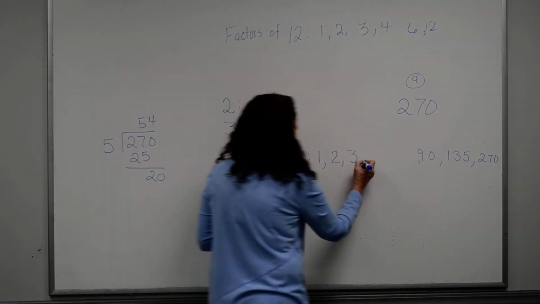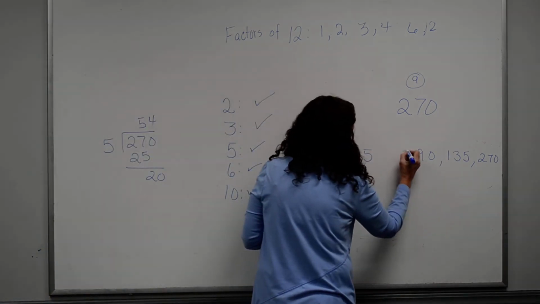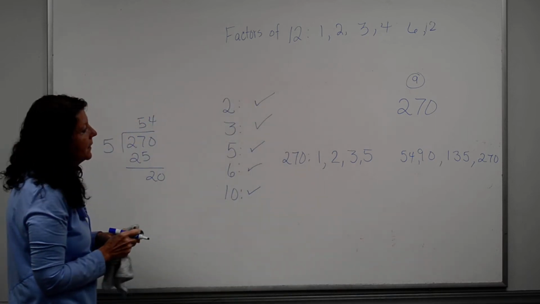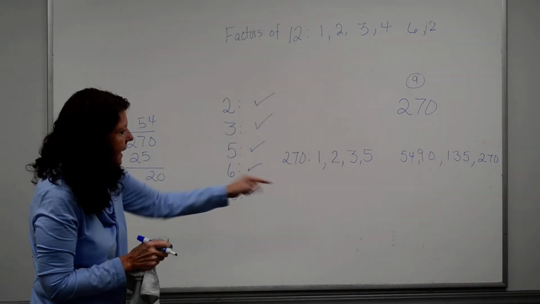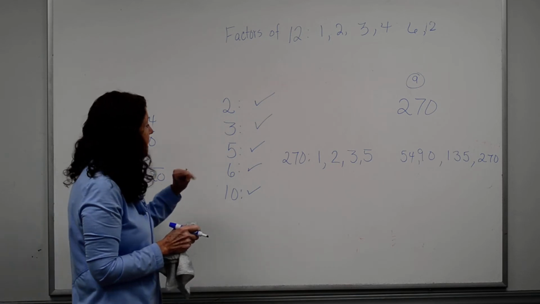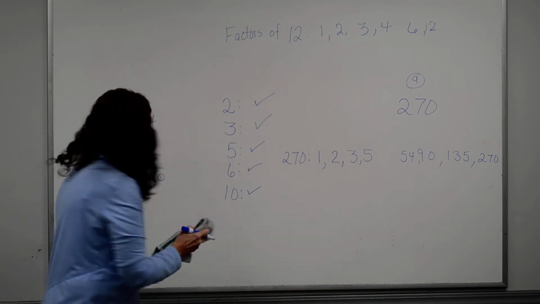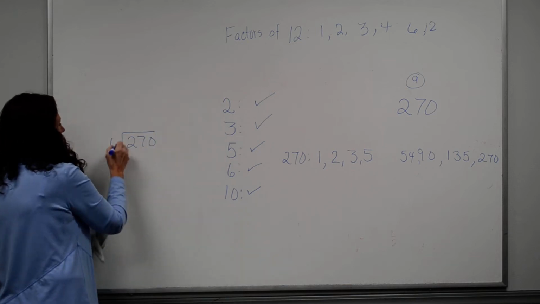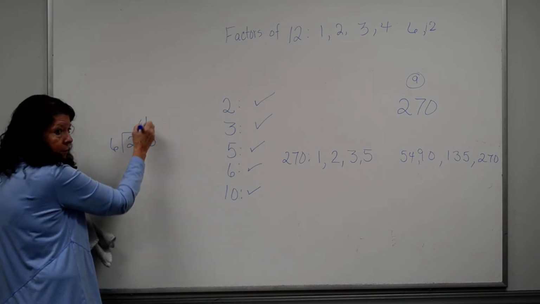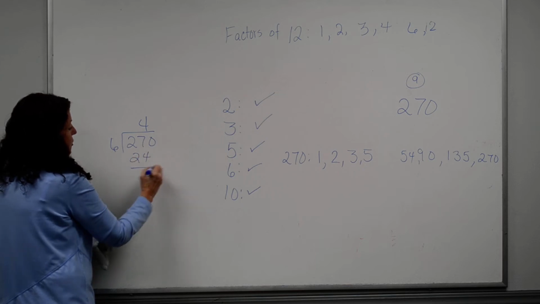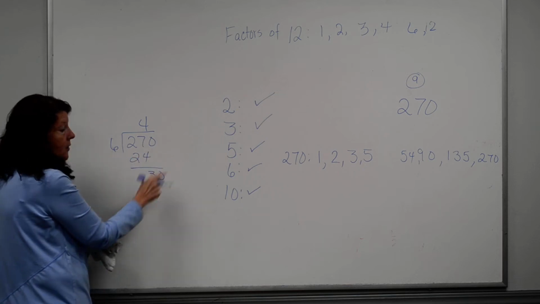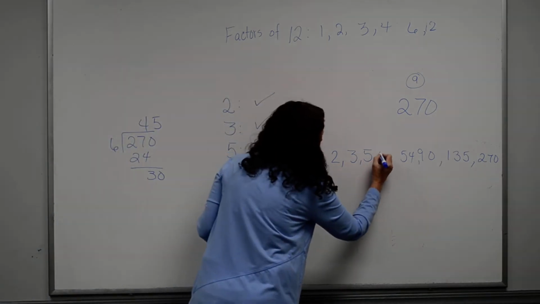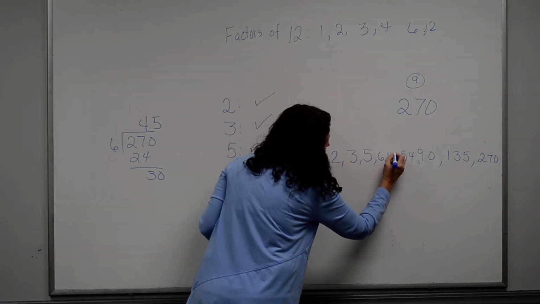So I have a 5 and a 54. Now, I think I'm going to run out of room in a hurry, so I'm going to have to extend it down there. Does 6 go into it? We know it does. So we're going to do the same thing. We're going to divide it by 6. 6 goes into 27 4 times. Subtract. 6 goes into 30 5 times, right? So I have a 6 and a 45.